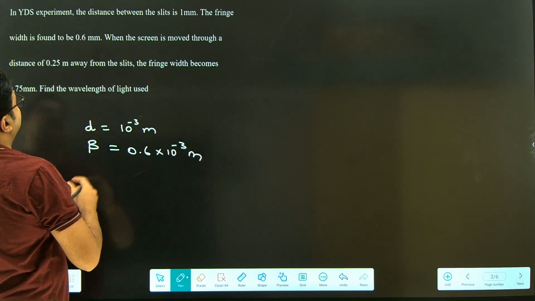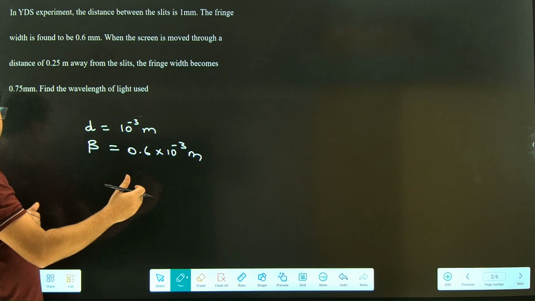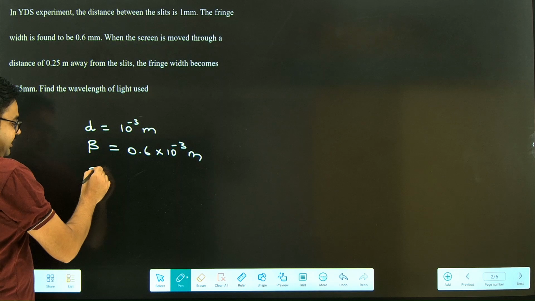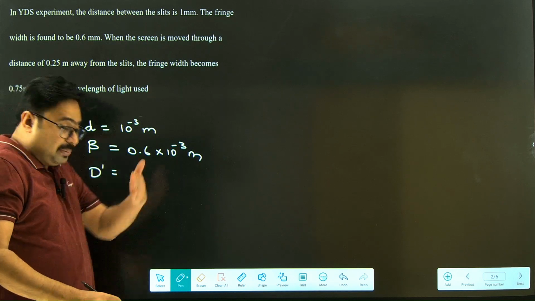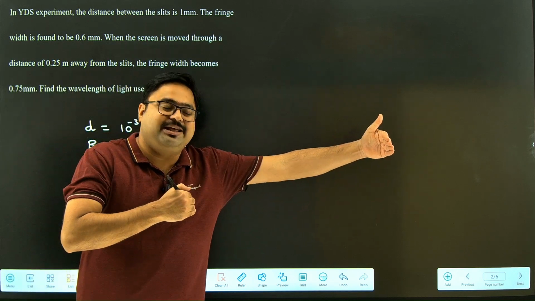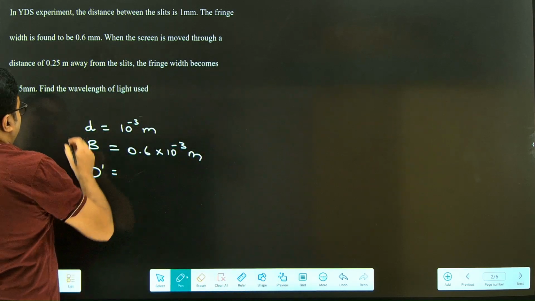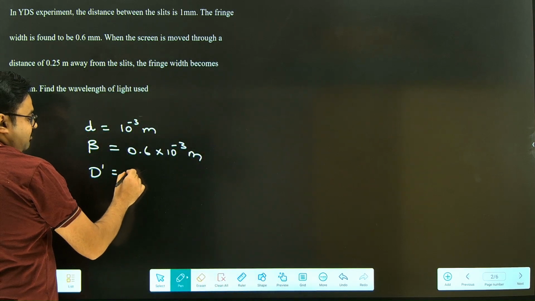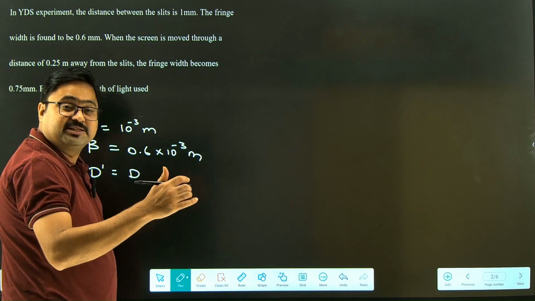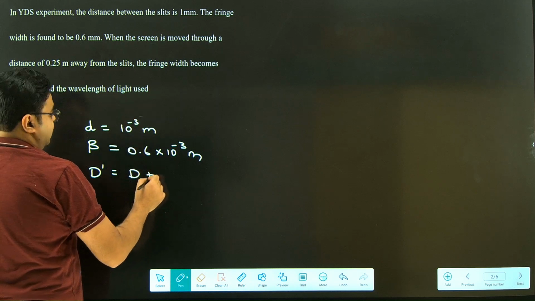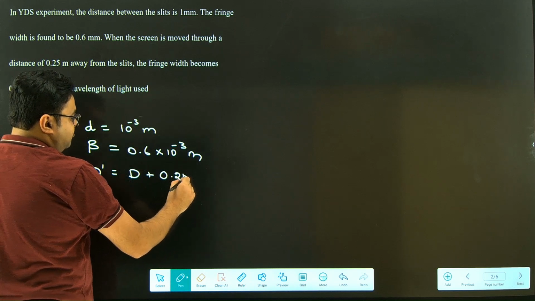When the screen is moved through a distance of 0.25 meter away from the slits, the new distance between the plane of the slits and the screen is increased by 0.25 meter. Whatever is the initial distance between the plane of the slits and the screen, that has been incremented by an amount 0.25 meter, right?